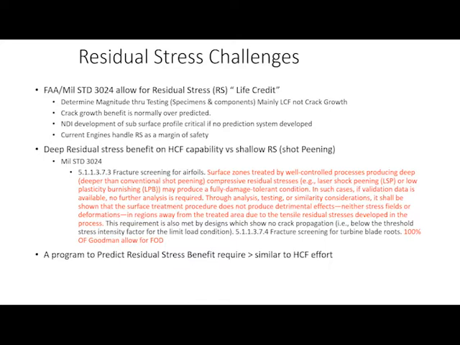Now, if you don't have LSP, you're only allowed 60% of the Goodman. And so that becomes a critical design area when you're designing an engine and that first stage fan, and you look at what's the allowable FOD stress, and you say, well, if I've got LSP, I'm allowed 100, but if I don't have LSP, I'm only allowed 60%.